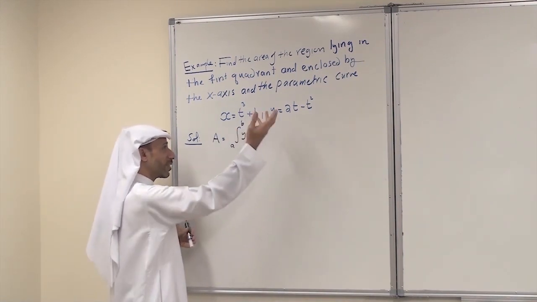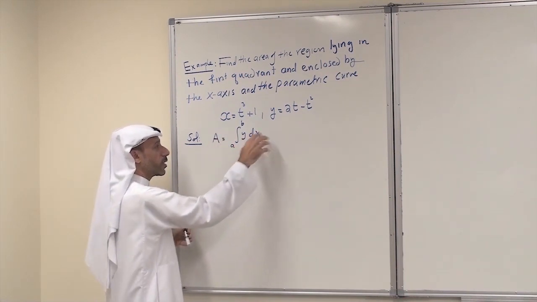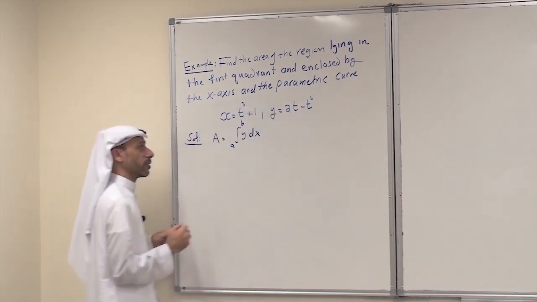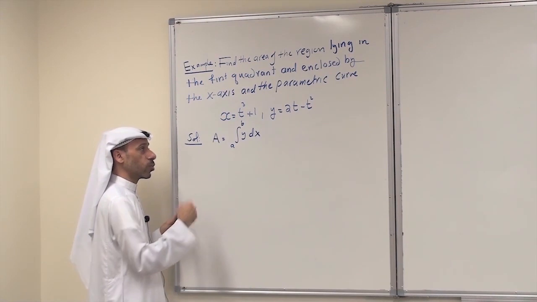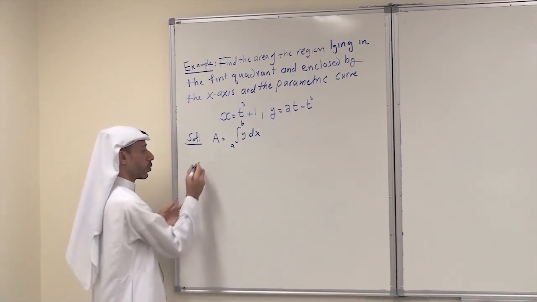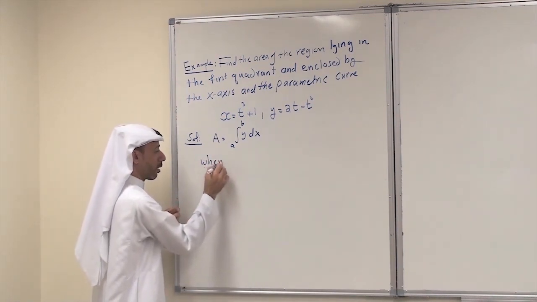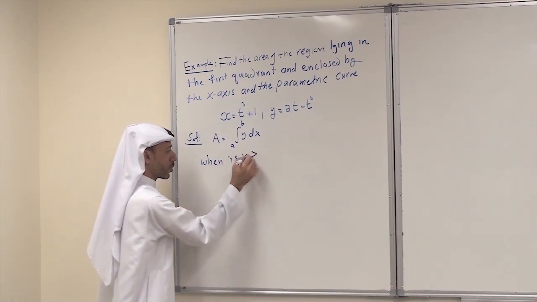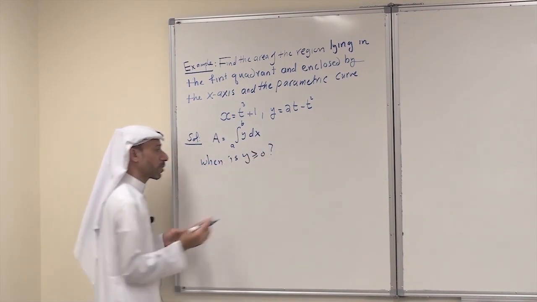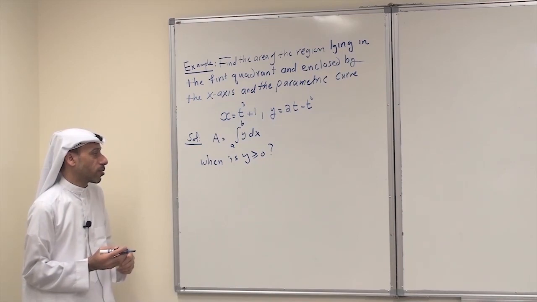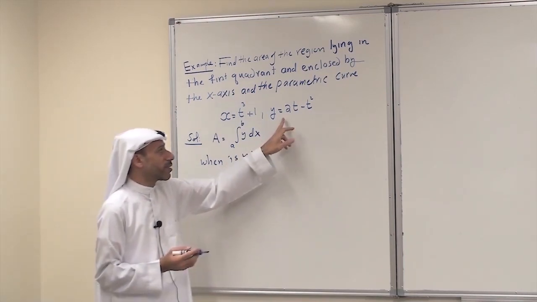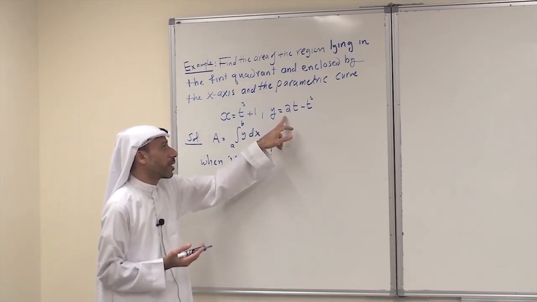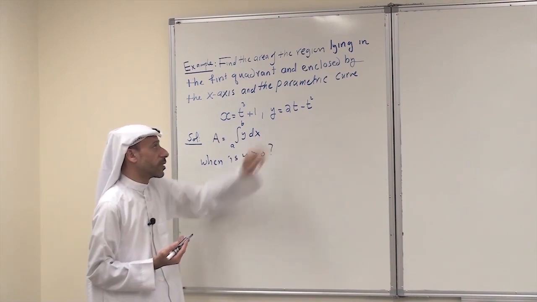So really, to find the t interval, we have to ask in which t interval is y positive. To decide this, let's take the equation for y and see when it is positive.